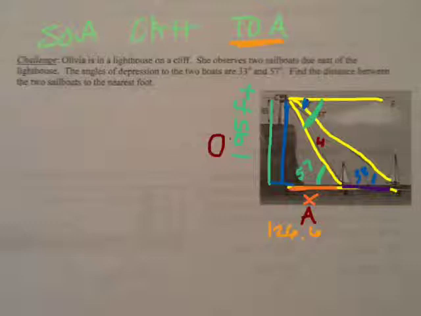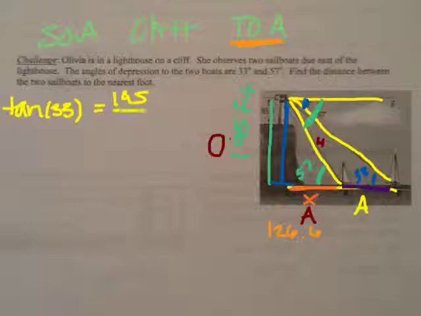We want to find the yellow part, the whole bottom. So again, we have 33 degrees. We were given the opposite and the adjacent, the whole bottom part. So you can do the tangent of 33 equals opposite over the adjacent.